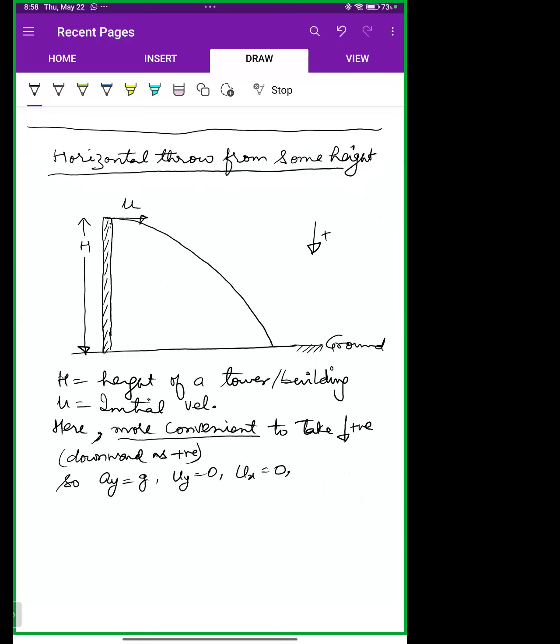Then Ay is g because acceleration is downward. Ay is equal to g. Ax is equal to 0, because there is no force acting in the x direction. Is it clear up to here?